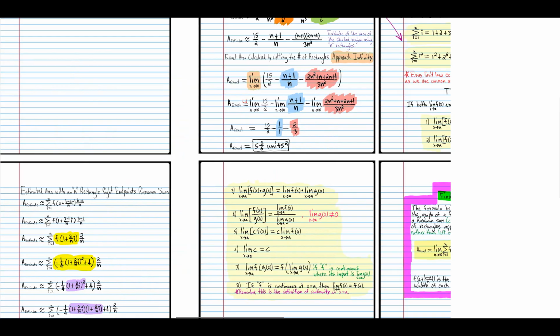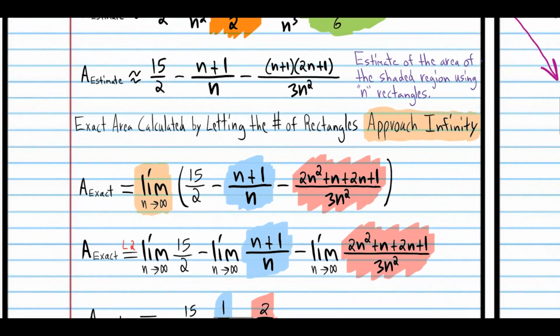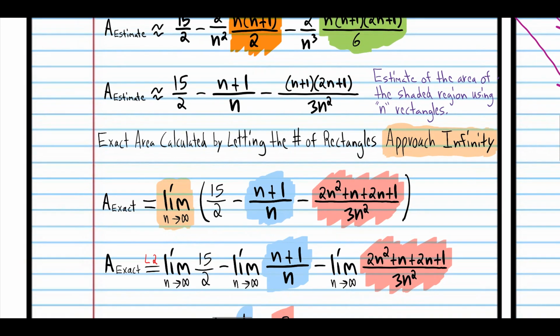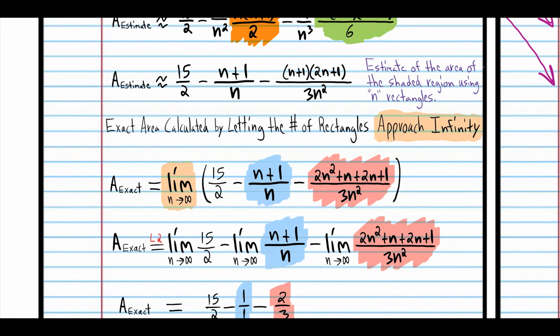So we're done. We found an estimate using n rectangles. That's the area, or an estimate of the area under the curve, specifically between the x-axis and the graph of the function, using n rectangles. So do you want to estimate the area with 10 rectangles? Plug in 10. A trillion, plug in a trillion, and so on and so forth.